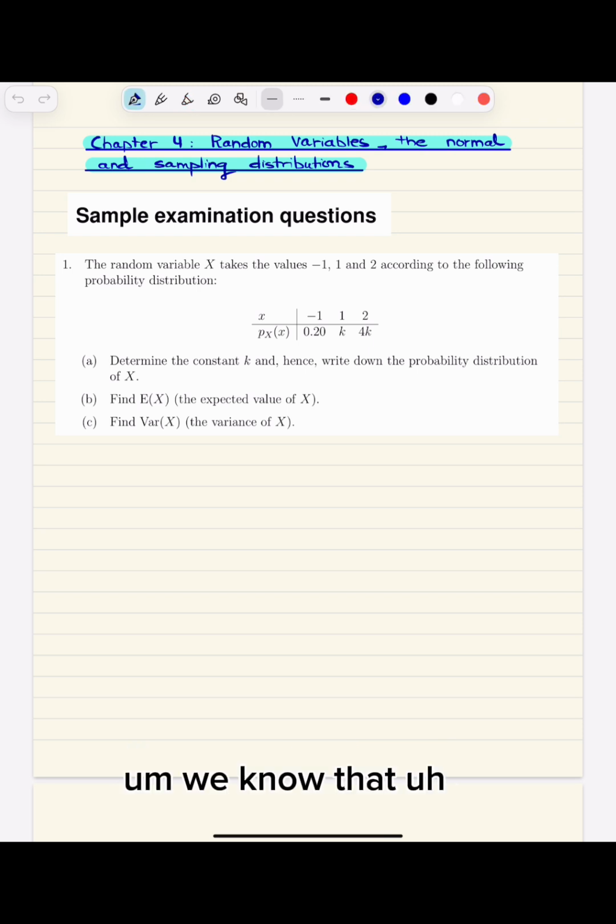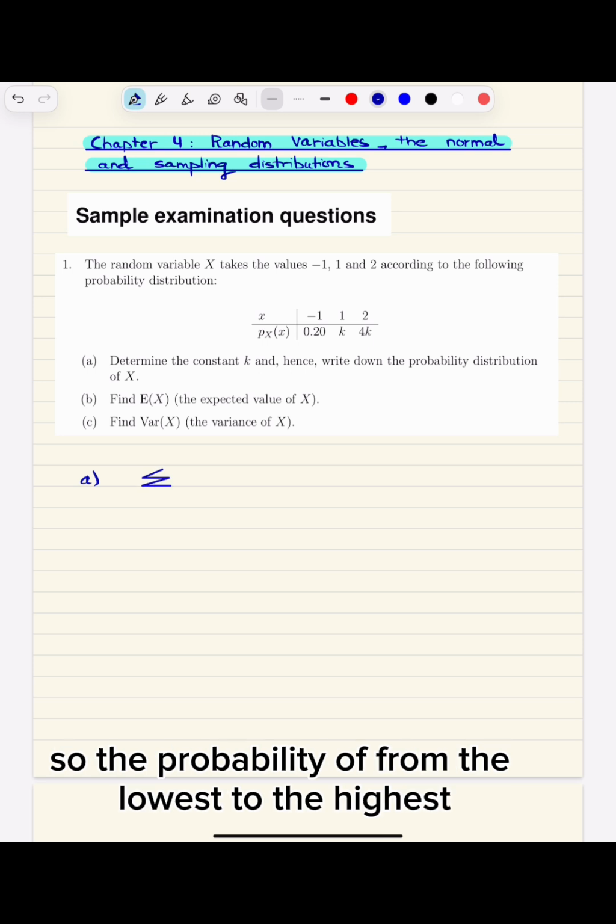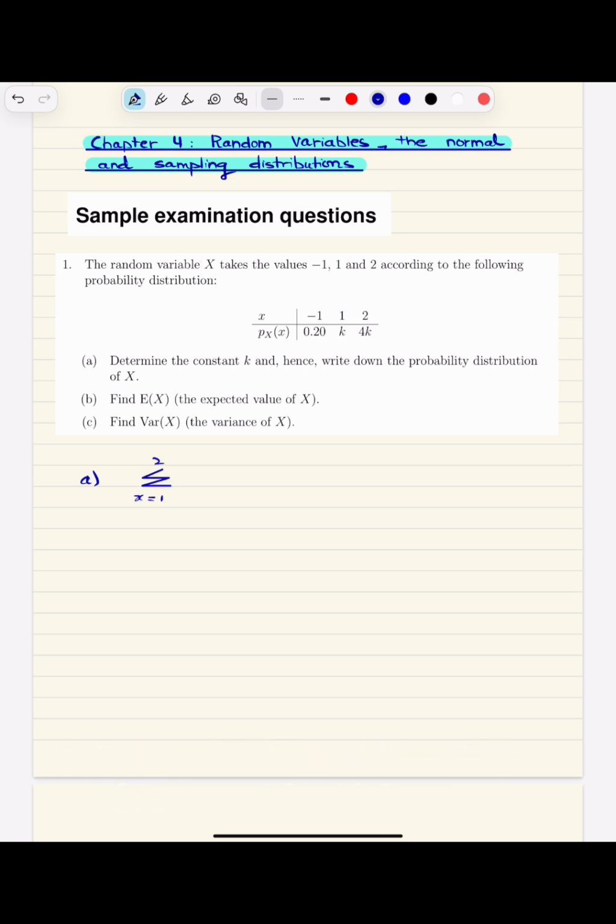We know that the probabilities have to add up to 1. So the probability from the lowest to the highest value has to add up to 1.